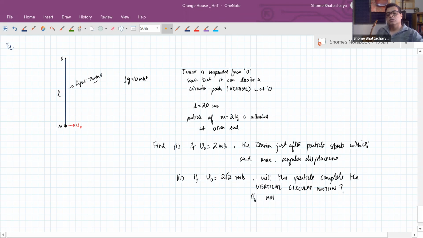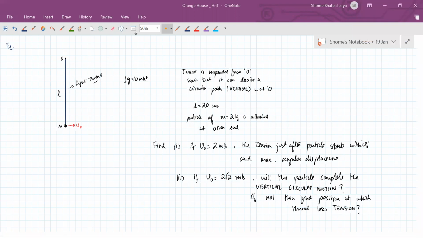If not, then find the position at which the thread loses tension. So let's just do this as a revision question of application of the work energy theorem in vertical circular motion.